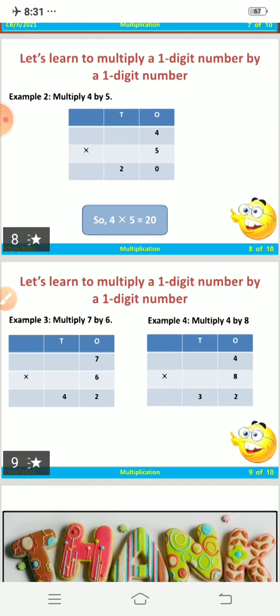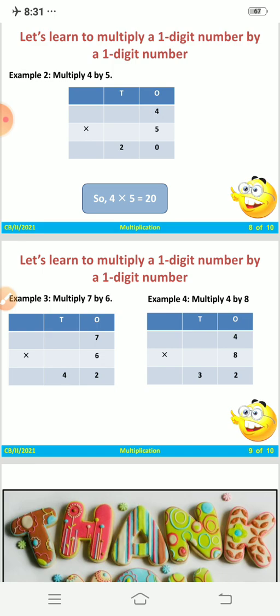So now you will write 2 in the ones place and 4 in the tens place, because we are getting the answer in 2 digits. Same way we have multiply 4 by 8.